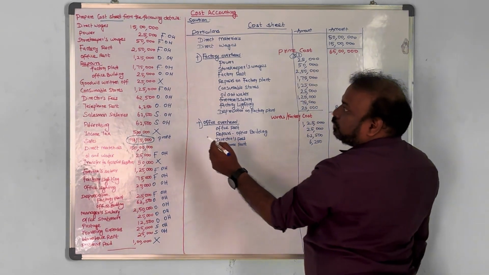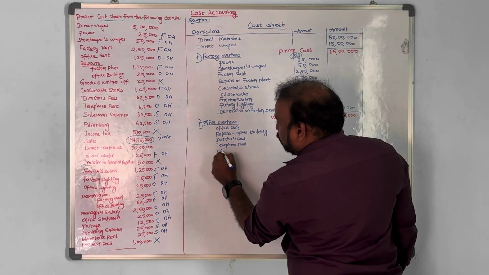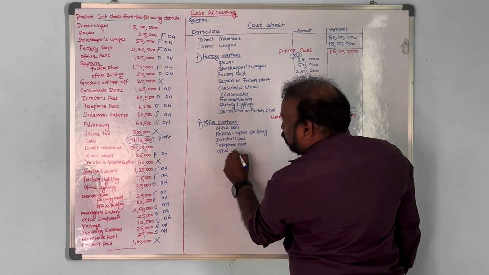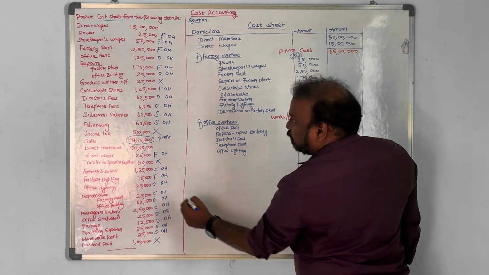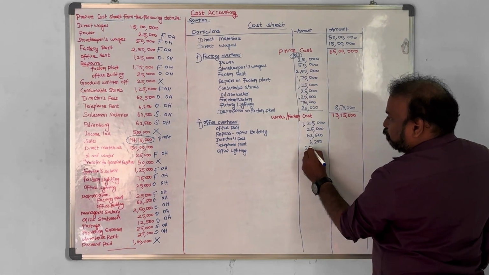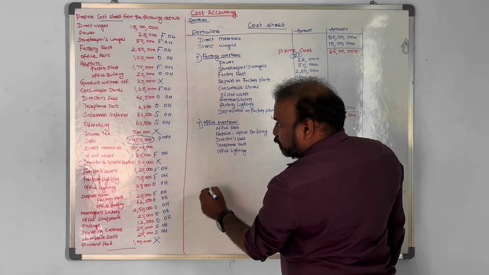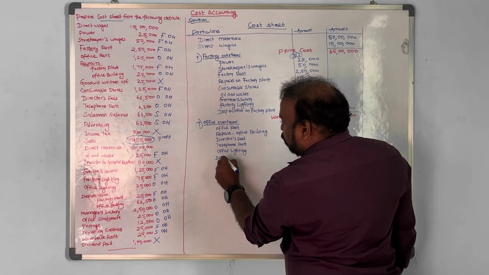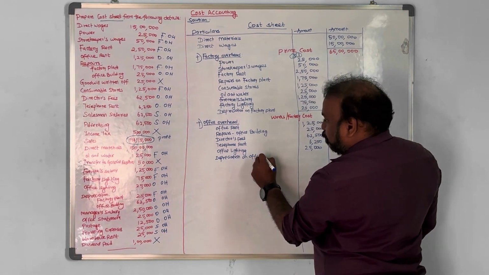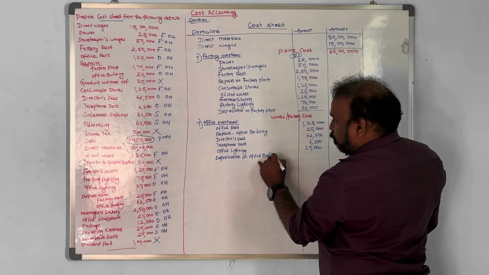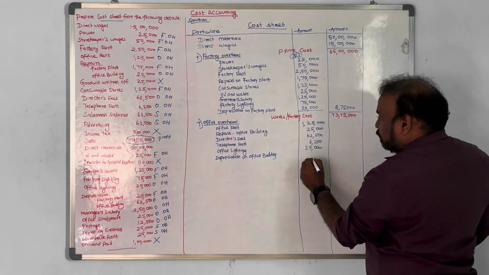Then office lighting is 25,000. Then depreciation on office building is 62,500.